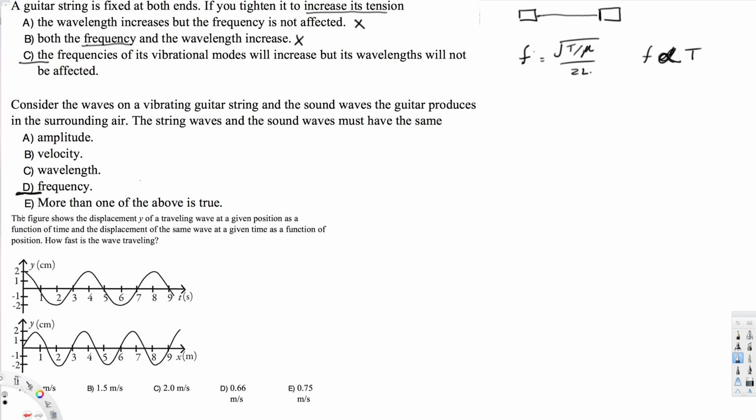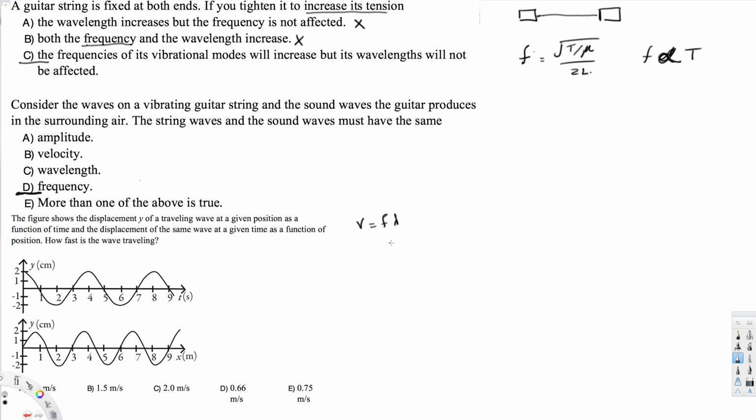And the third question is asking: the figure shows the displacement y of a traveling wave at a given position as a function of time, and the displacement of the same wave at a given time as a function of position. How fast is the wave traveling? To find the wave speed, we use the formula v equals f lambda.